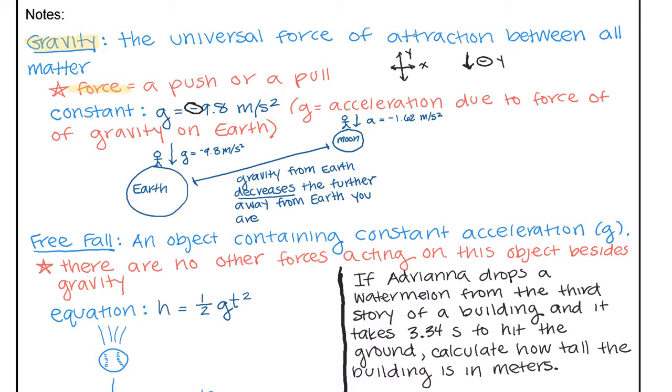Because this is a constant, we actually give it its own variable here. So the variable that we use for the acceleration due to gravity on Earth is the lowercase g. So remember, our normal variable for acceleration is that lowercase a.